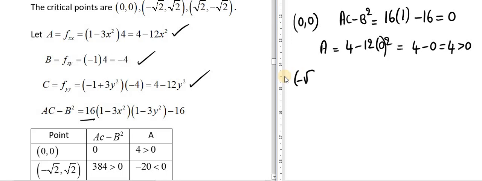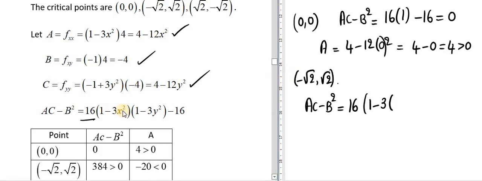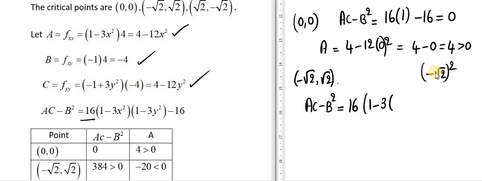Next, minus root 2 comma root 2. At this point, AC minus B square value is 16 into 1 minus 3 times of minus root 2 whole square. Observe, x square means minus root 2 whole square. Minus square is plus, root 2 square is 2.